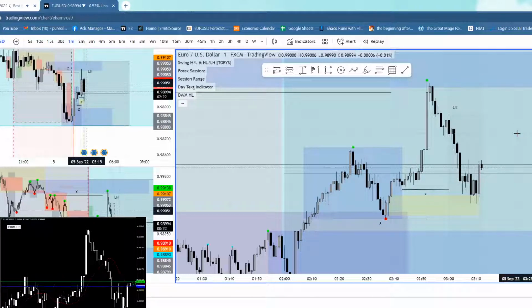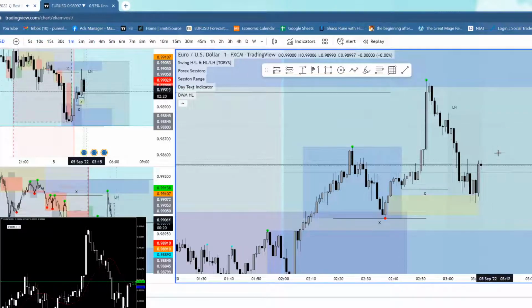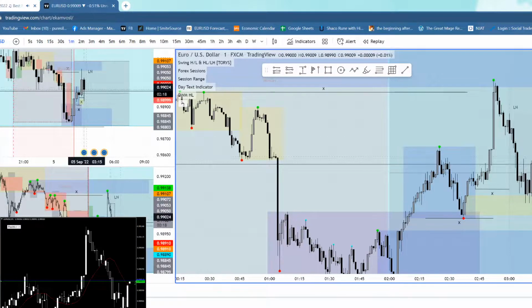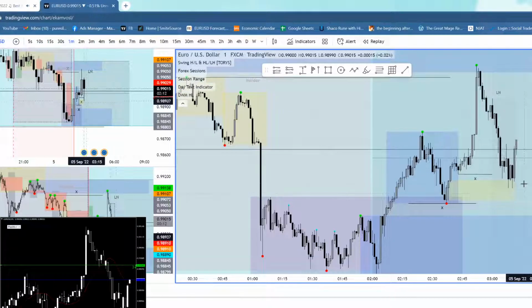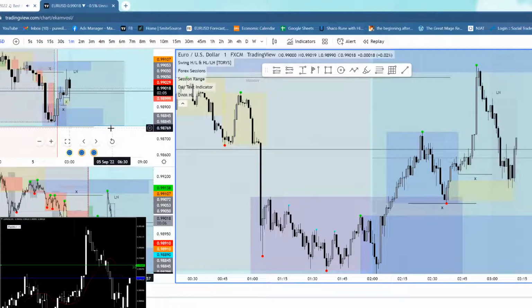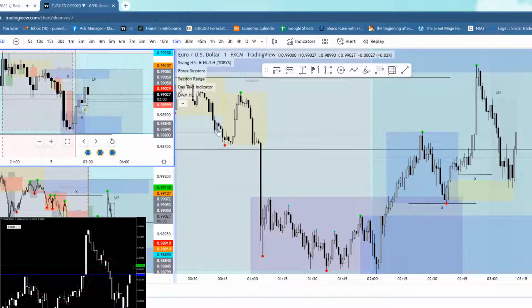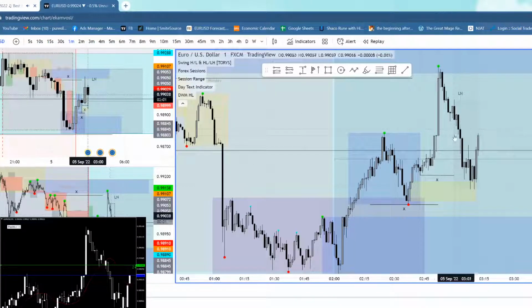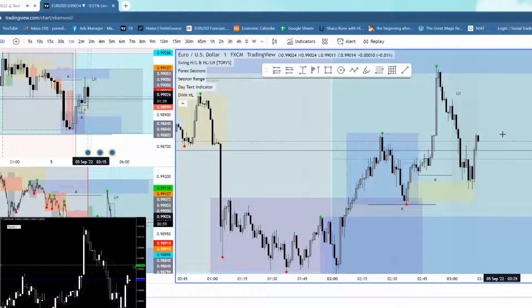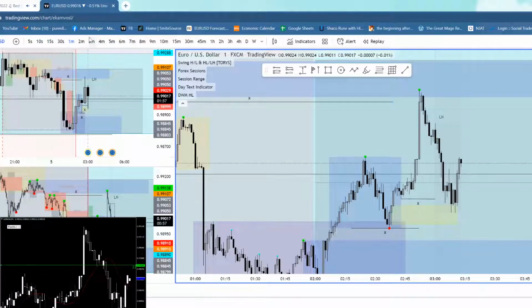And now, are we going to see a continuation in price to the upside? Or are we going to see this get taken? I really thought this was going to get taken. I really did. It still could. But now the 15-minute looks like it's going to continue upwards.